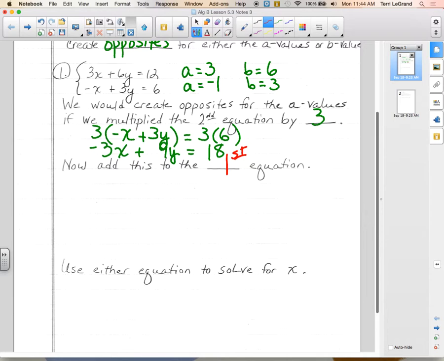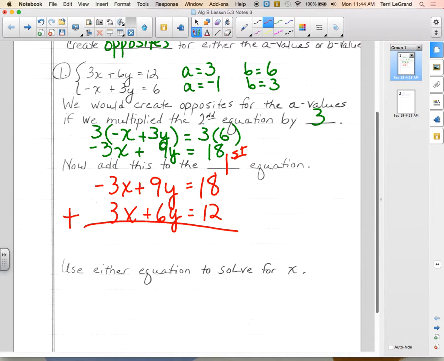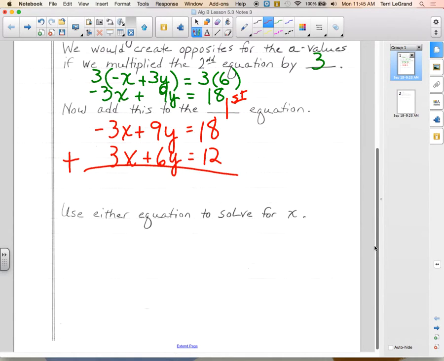So let's take our new named equation, write it down, add to it the first equation that did not get renamed, and solve for, what are we going to be solving for?